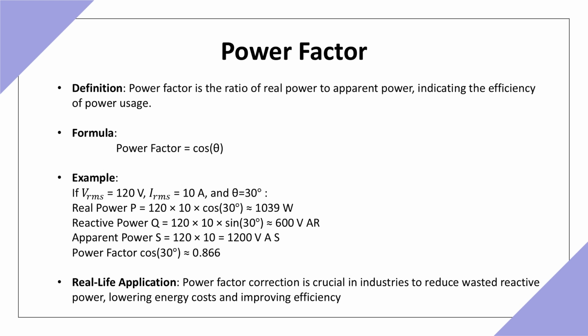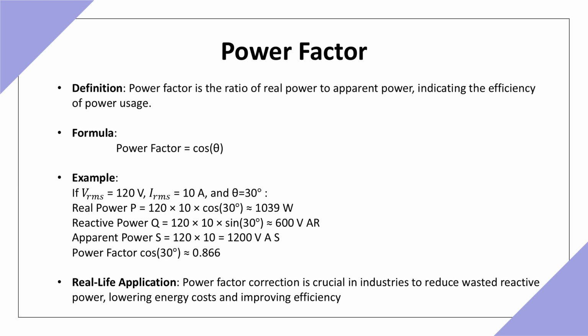For example, if voltage is 120 volts, current is 10 ampere, and the phase angle is 30 degrees, the power values are: real power, P, is equal to 120 times 10 times cos 30 degrees, which is almost equal to 1039 watt.